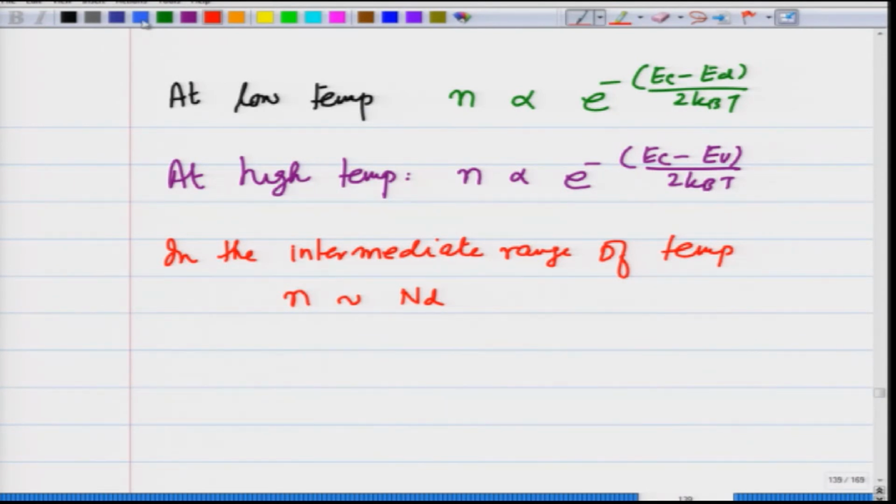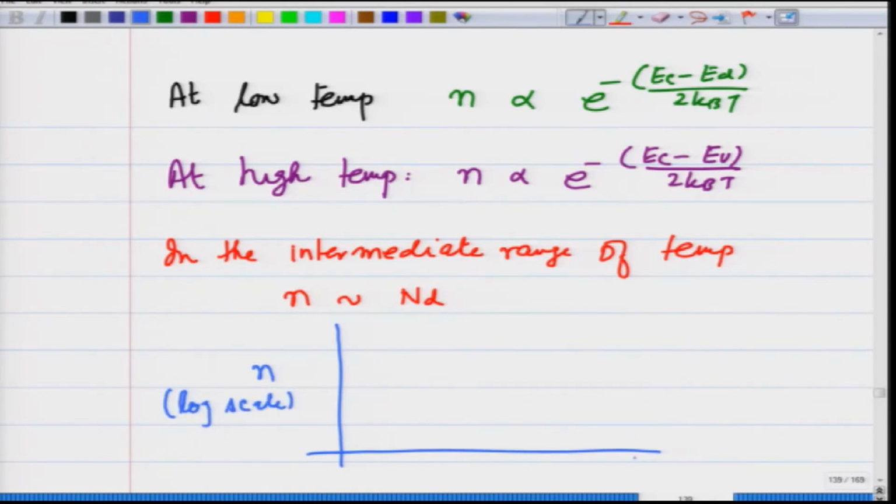So, if I were to plot the carriers on a log scale versus 1 over kBT, so that this is high temperature, this is low T, I am going to get a curve which has slope (Ec minus Ev) by 2 in the beginning.